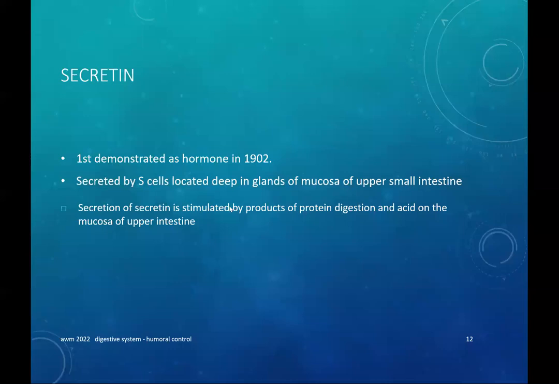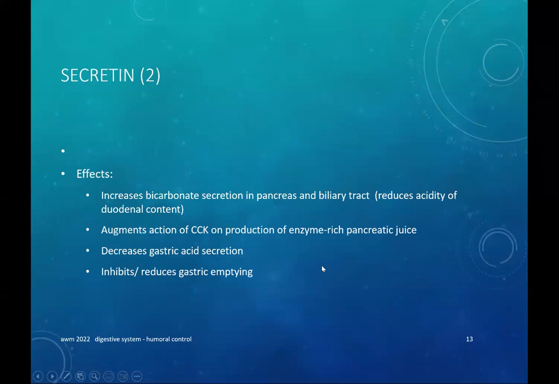And secretion of secretin is also stimulated by products of protein digestion and acid. So if you eat food that is acidic, that has a lot of protein, once it comes into contact with the mucosa and the receptors are able to detect that, then you get the increase in secretion of secretin.